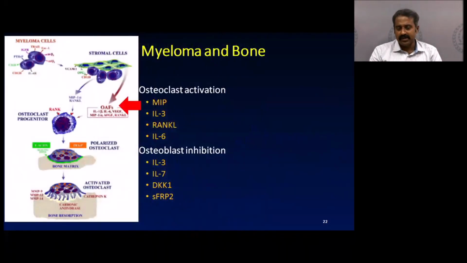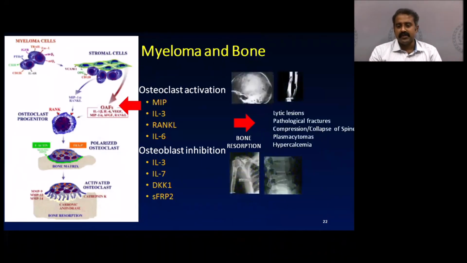Looking at what happens in the bone in multiple myeloma, the usual bone balancing act is by the osteoclast and the osteoblast. What happens in multiple myeloma is there is osteoclastic activation and osteoblastic inhibition. Because of this, the balance is tilted more towards bone destruction. So there is bone resorption, which causes lytic lesions, pathological fractures, compression and collapse of the vertebra, plasmacytomas, and hypercalcemia.